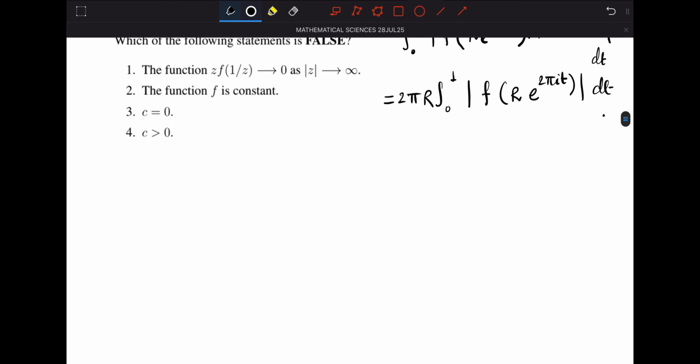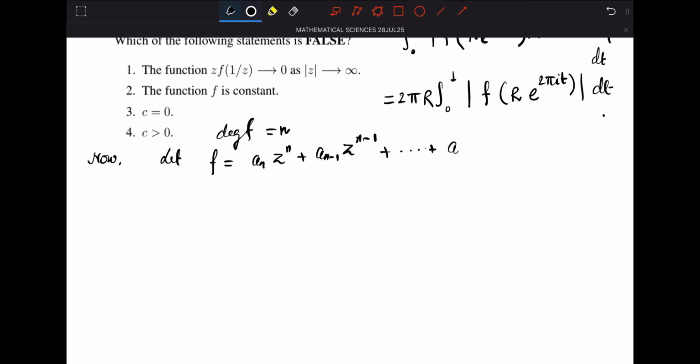Okay, now let the degree of f be n, and f equal to a_n z to the power n plus a_{n-1} z to the power n minus 1 plus dot dot dot a_0.